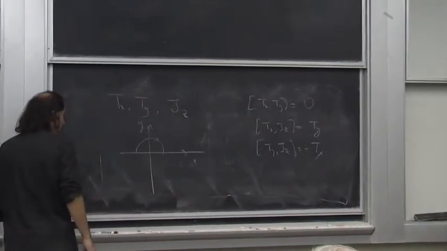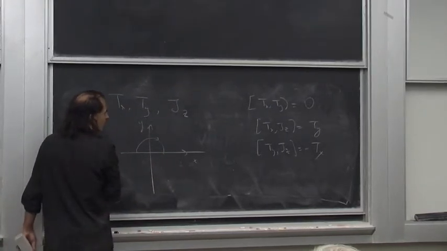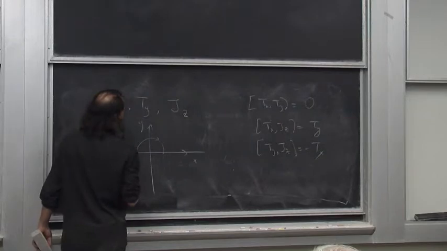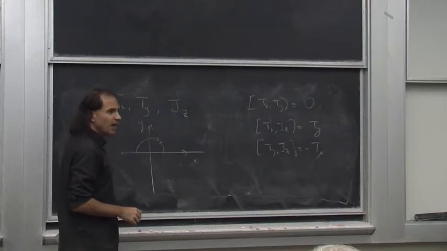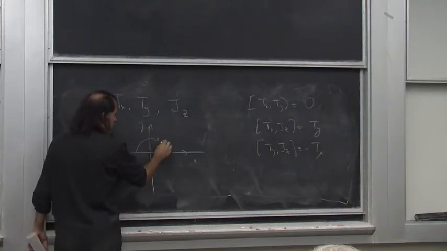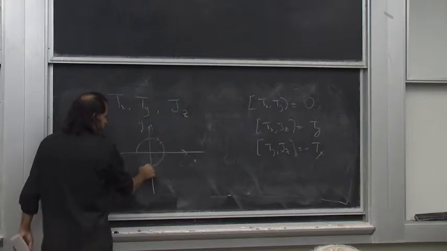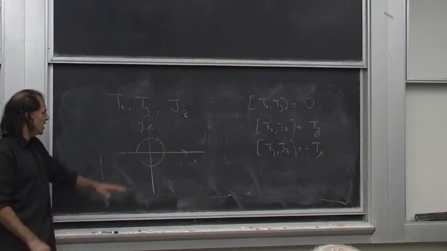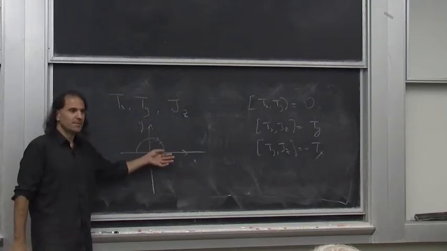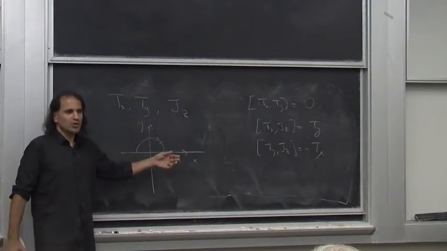And here comes the final argument. If I want to label a generic state here, because Tx and Ty commute, I can just give eigenvalues for Tx and Ty, whatever I want. But if those eigenvalues are not 0, then I can do rotations to get a continuous infinity of degenerate states. They're all massless. And so a generic representation has a continuous infinity of states. The usual argument of the textbooks is that that's unphysical and we should throw that out.